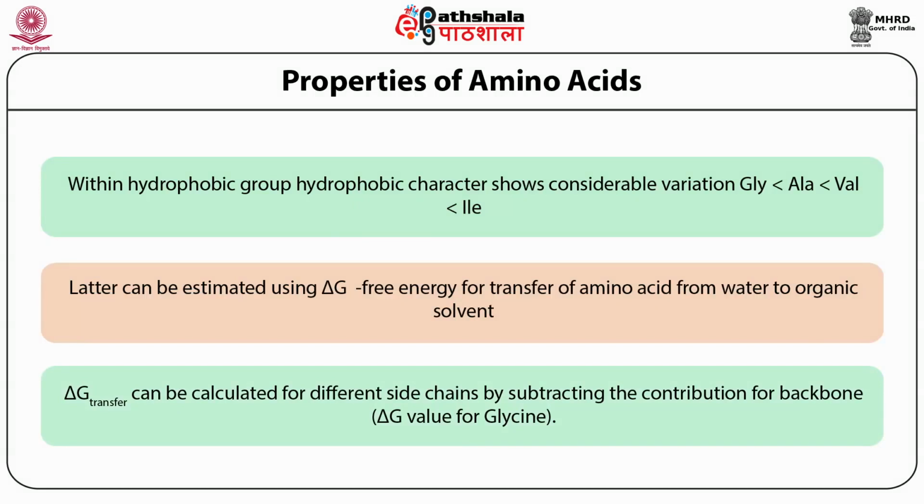Can be calculated for different side chains by subtracting the contribution for backbone, that is nothing but the delta G value for glycine, which does not have a side chain.